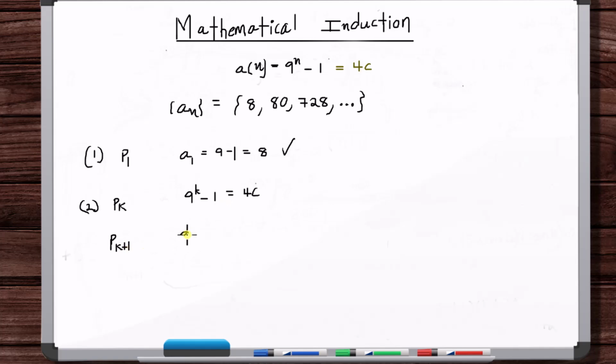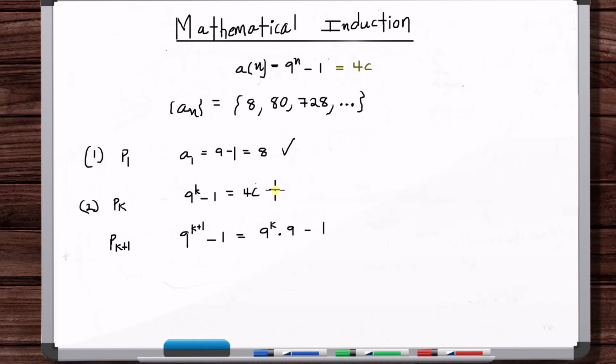So we would have 9 to the k plus 1 minus 1, which is 9 to the k times 9 minus 1.